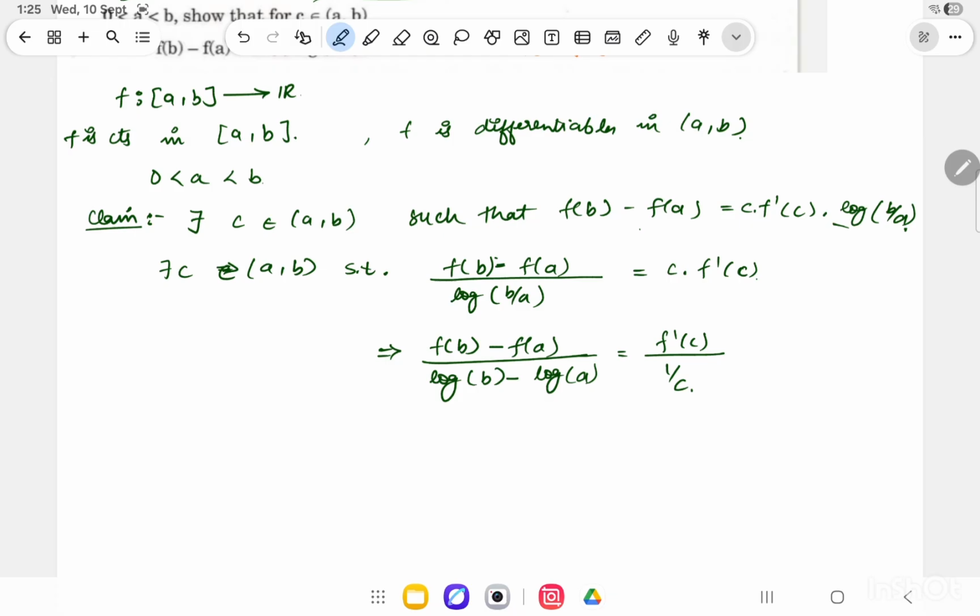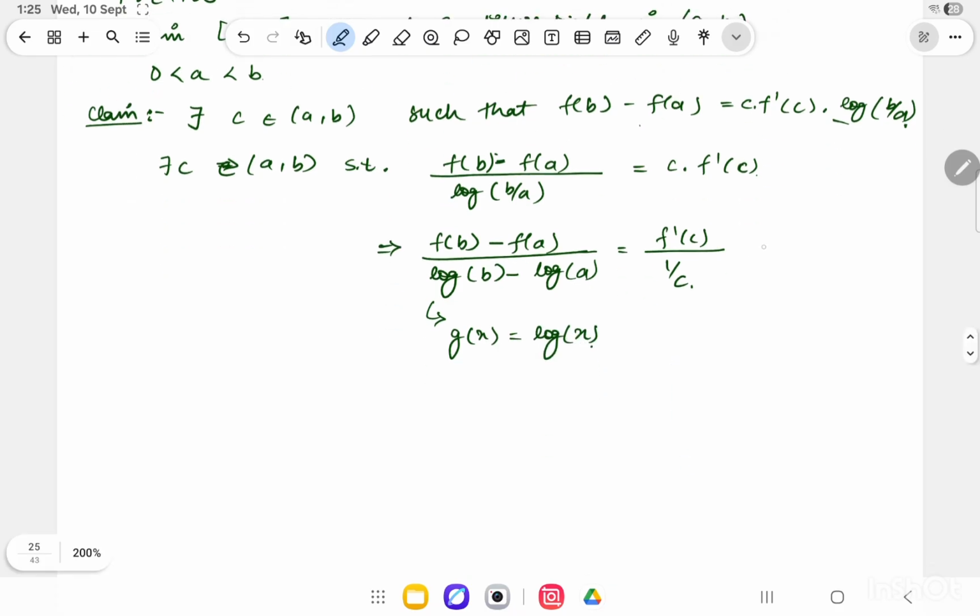So if you observe, if I take another function, let's say g(x), that is log x, then I can easily achieve this form using Cauchy's mean value theorem.